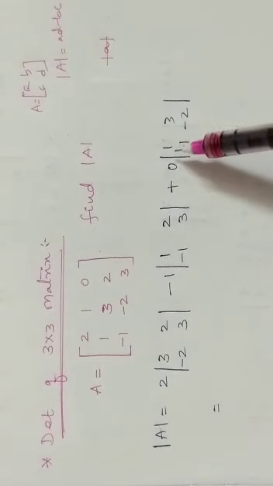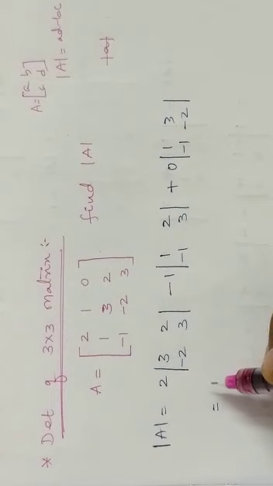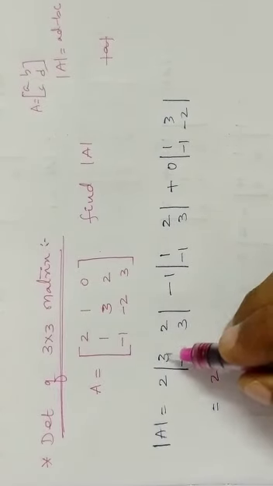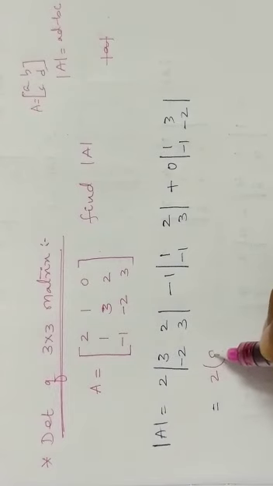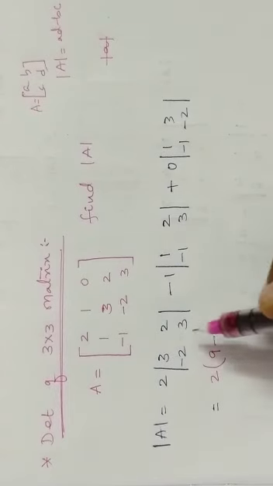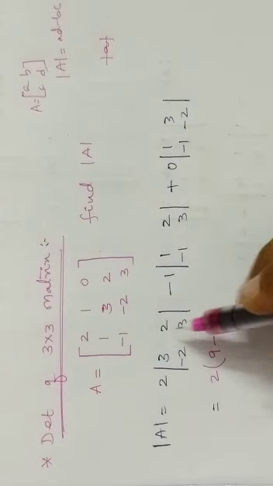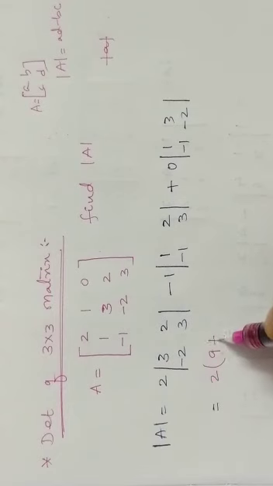Simplify it. 2 into AD, 3 3s are 9, minus BC, multiply minus 4, minus into minus plus 4.